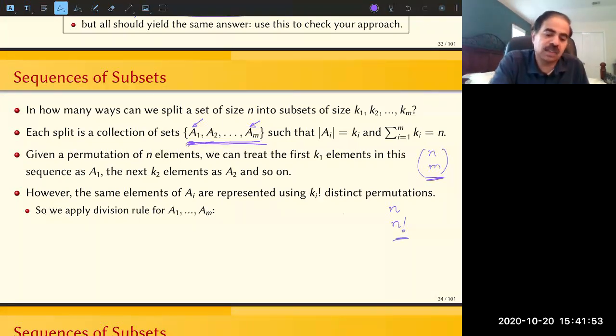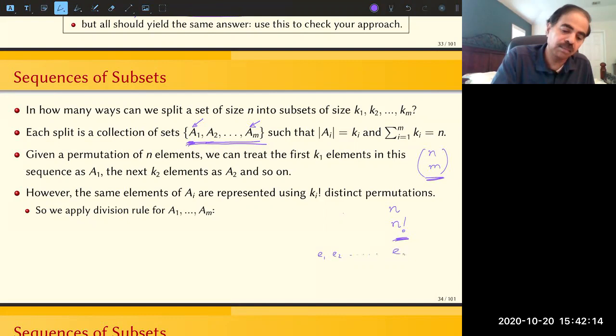So if we just think about the number of permutations of the elements in a set, that's always going to be n factorial, right? And then we can take these, let's say we write them down as element 1, element 2, and so on. Then we can say the first k1 elements, we are going to call this the set A1.